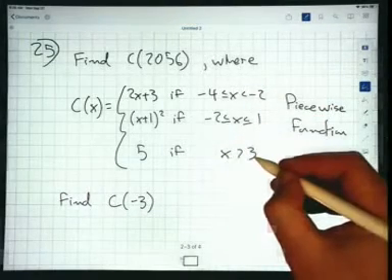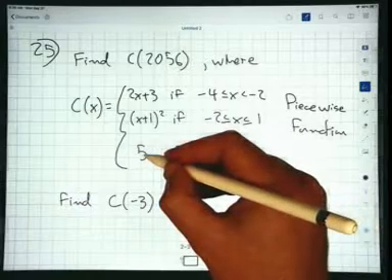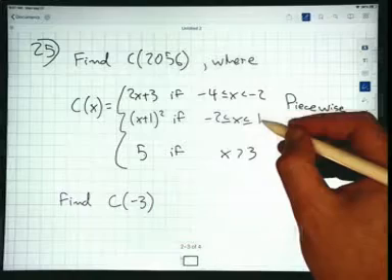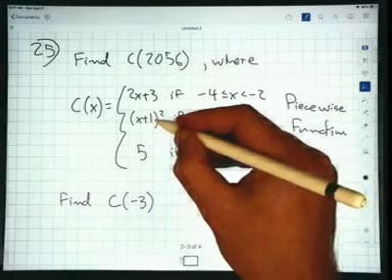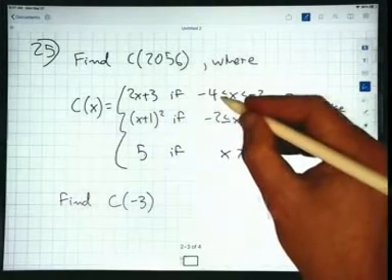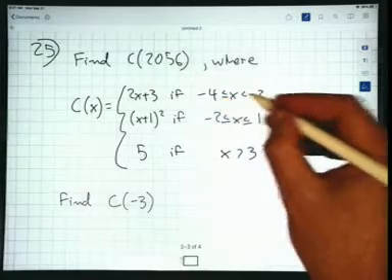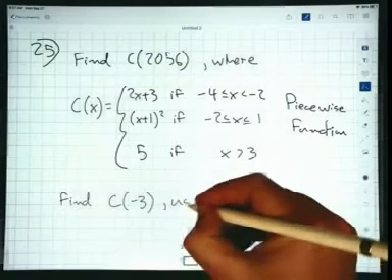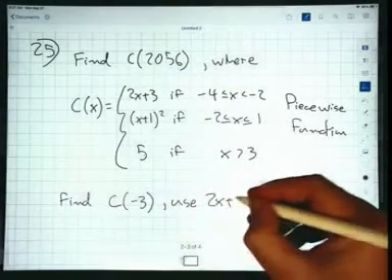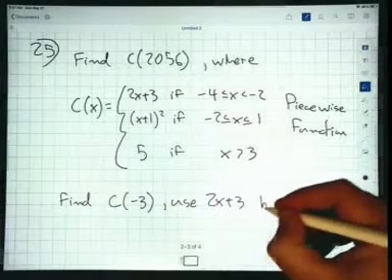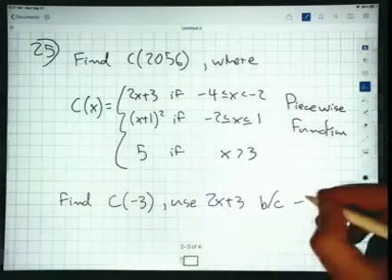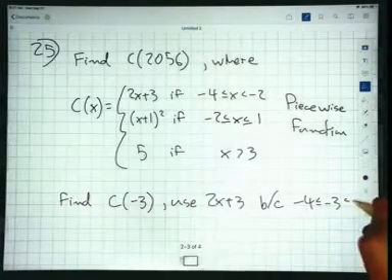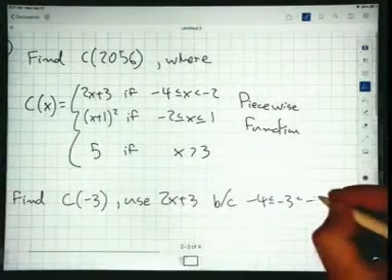Well, -3 is not greater than 3, so I don't use this part of the function. -3 is not between -2 and 1, so I'm not going to use this function. -3 is between -4 and -2, so this is the function I use. Use 2x plus 3 because negative 4 is less than or equal to negative 3 is less than negative 2.